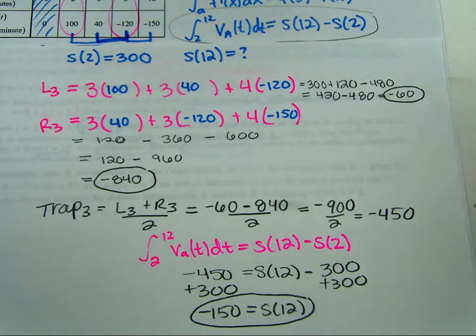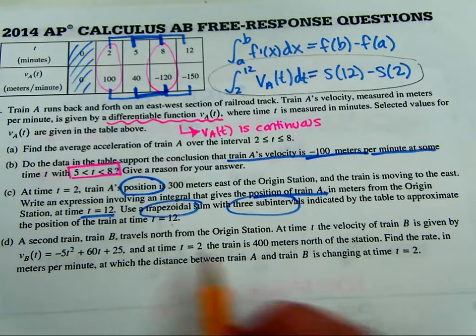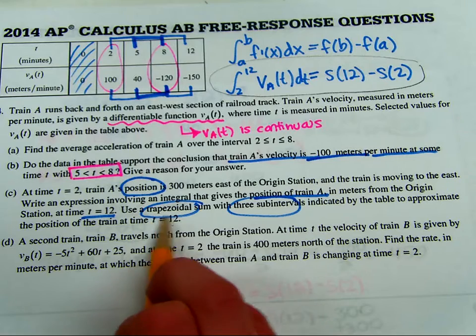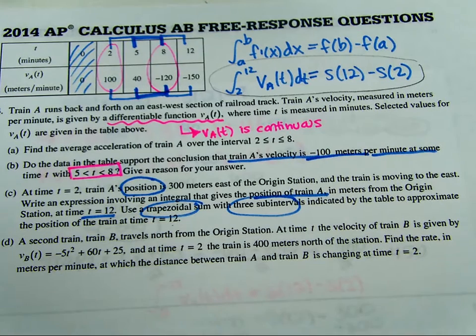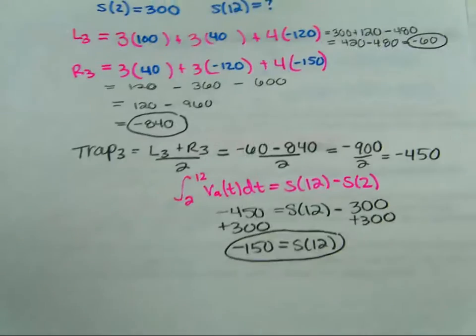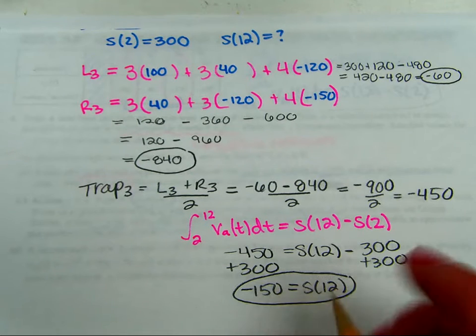The question, if I pull that up, was to use that trapezoidal Riemann sum to find the position of the train at t equals 12. You probably could explain that if you want. We got a negative position, so think about what that means. It's in relation to origin station. Negative 150, and it said the train was traveling east and west.